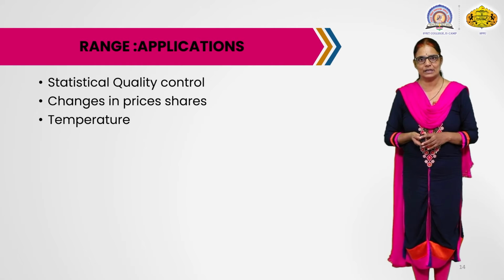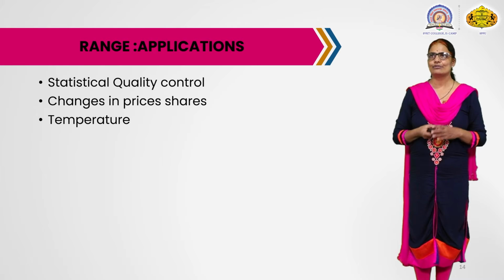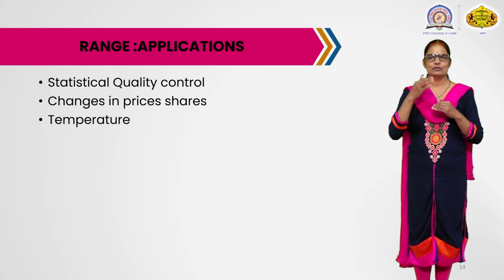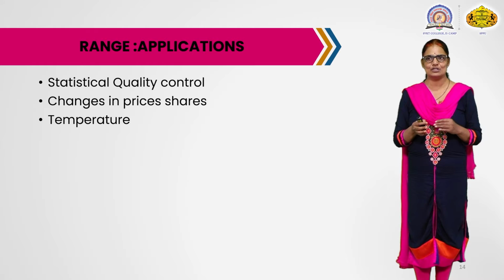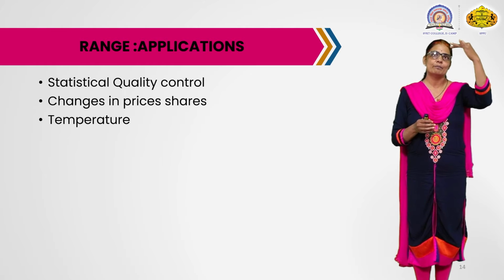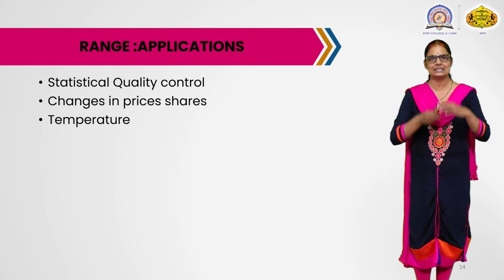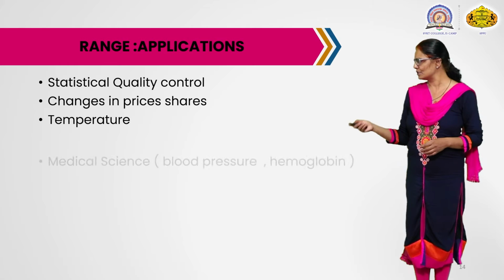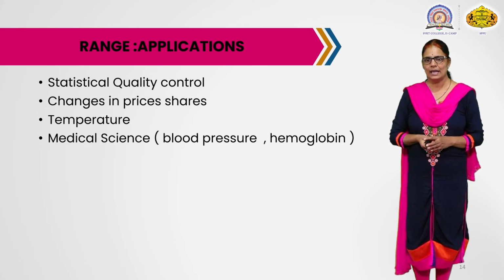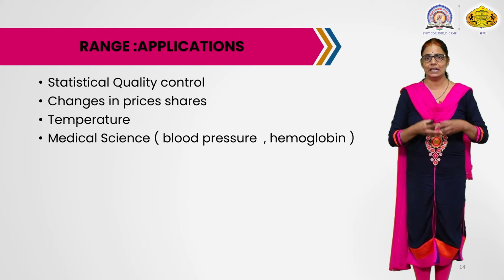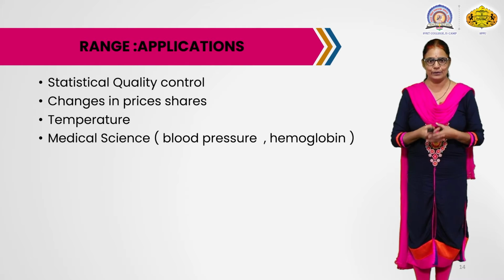Also in the case of temperature. If we observe a forecast, the temperature is always given as the minimum temperature of the day and the maximum temperature of the day. In this case also the range is used. As I already told you, in the medical field many reports depend on this range.